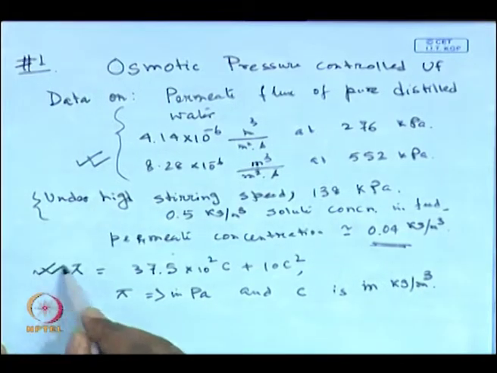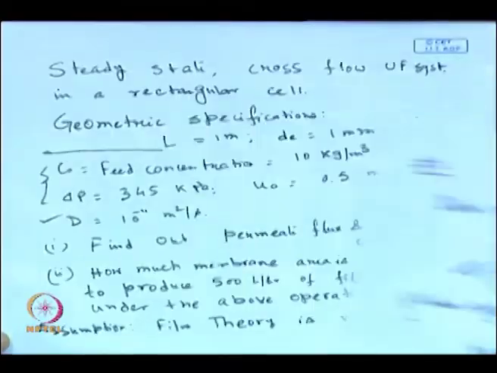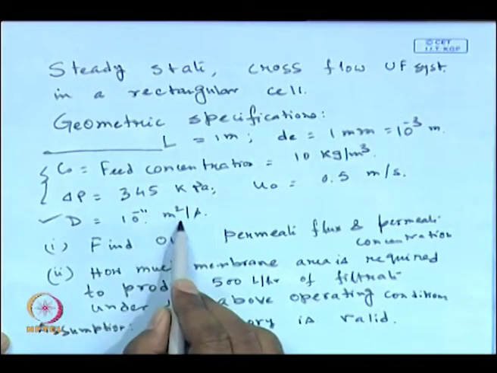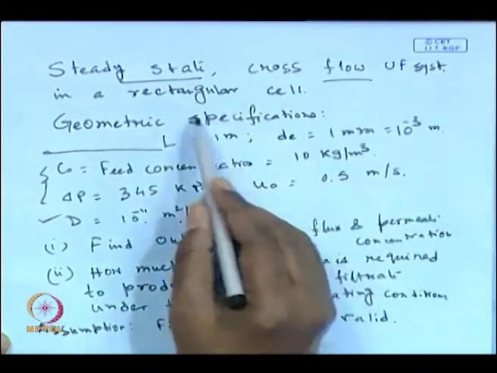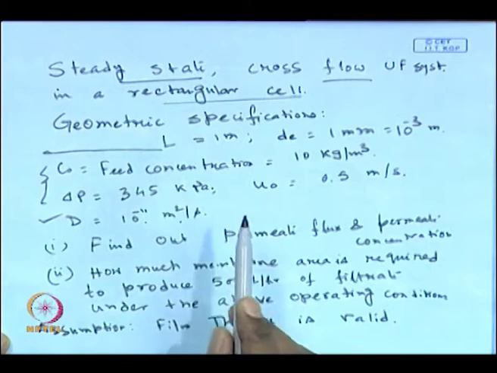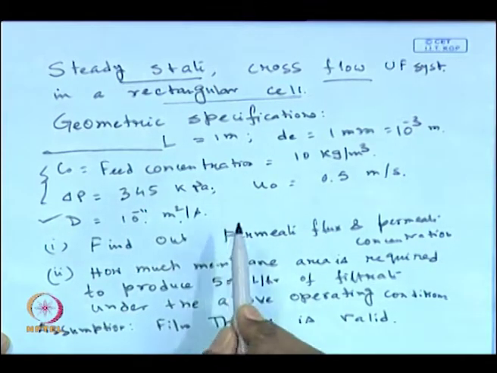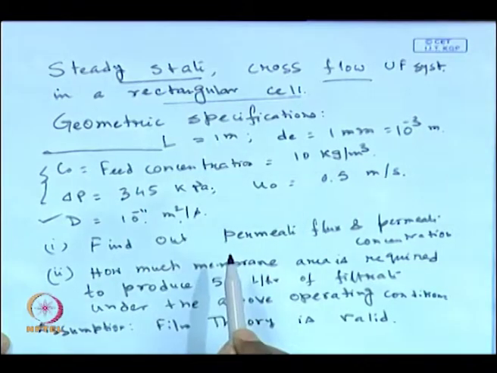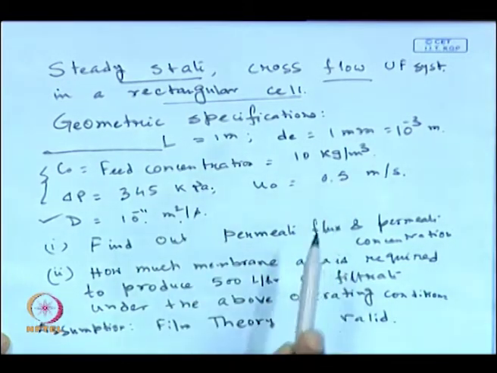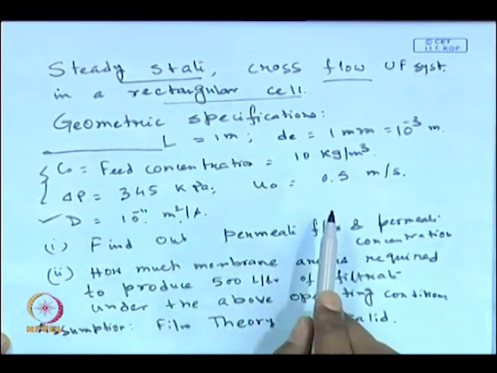And this is the osmotic pressure versus concentration relation, and the diffusivity of the solute is 10 to the minus 11 meter square per second. This is a steady state cross flow system in a rectangular cell, with a length of 1 meter and an equivalent diameter of 1 millimeter. The feed concentration is 10 kg per meter cube, and delta P and cross flow velocity are given.